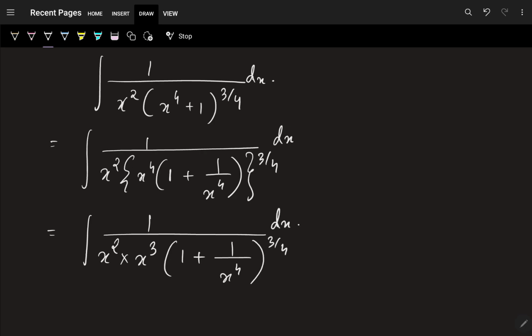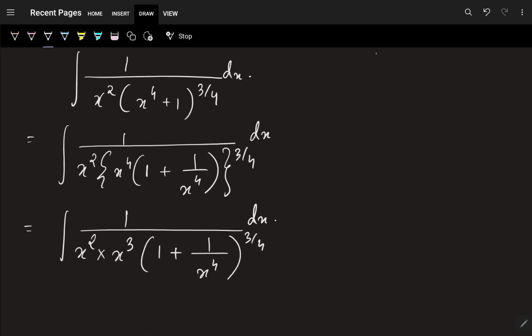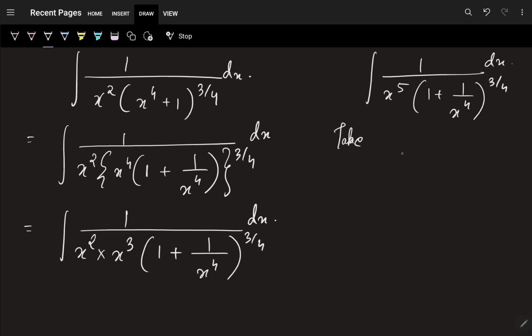So my integral is going to become 1 by x to the power 5 into 1 plus 1 by x to the power 4 to the power 3 by 4 dx. Take t as 1 plus 1 by x to the 4. So dt by dx is gonna be minus 4 upon x to the power 5.